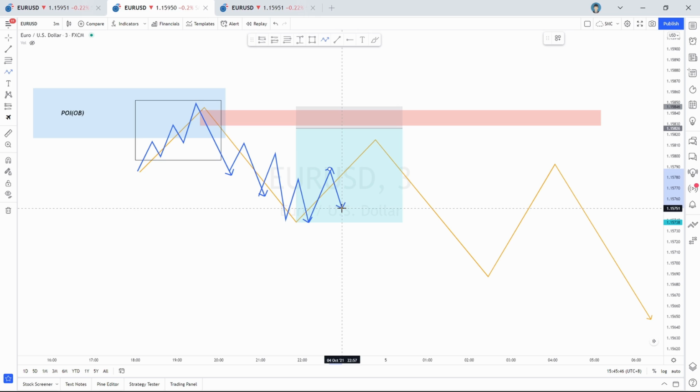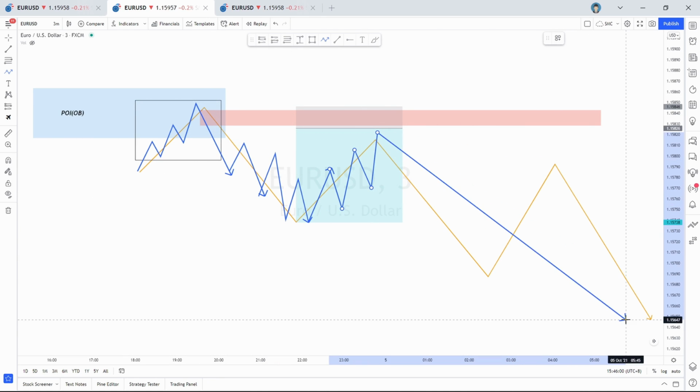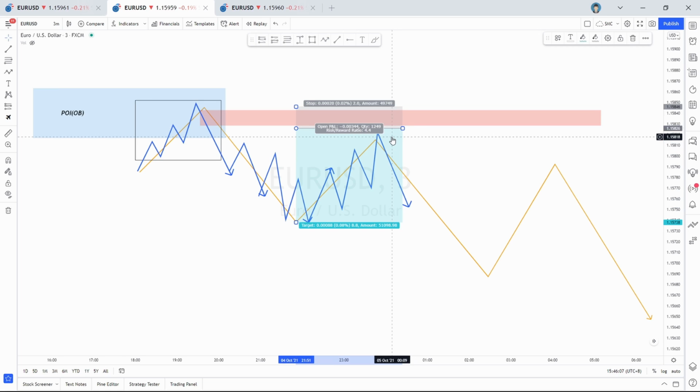So this is a higher high, higher low, higher high, higher low, higher high. So we're expecting a bullish move to follow this larger time frame structural move. As you can see, lower high, lower low, lower high, lower low, lower high, lower low. So we're expecting that. As soon as price breaks the minor structure, this blue line here, just erase this.